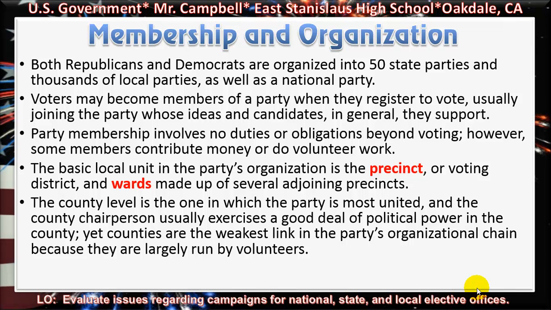The Democratic Party of Stanislaus County is part of the California Democratic Party. And the state parties are part of the national party. So it's all tied into one party. And of course, the third parties, a lot of them work the same way.